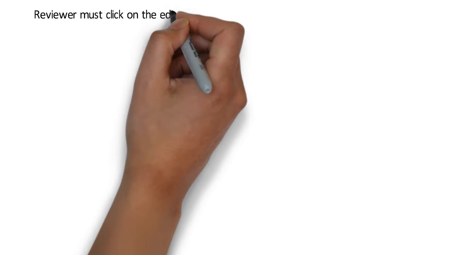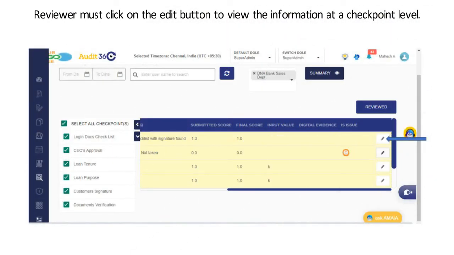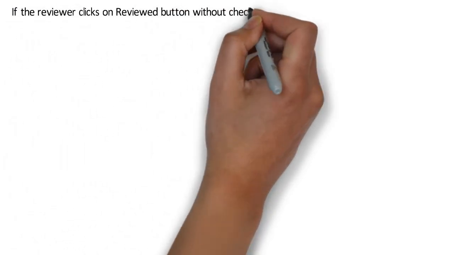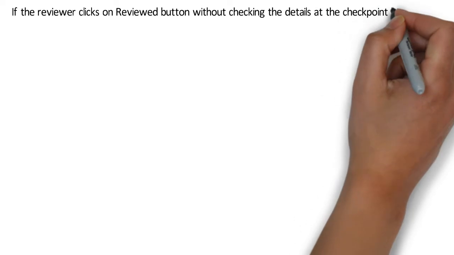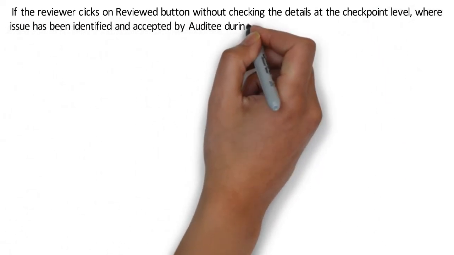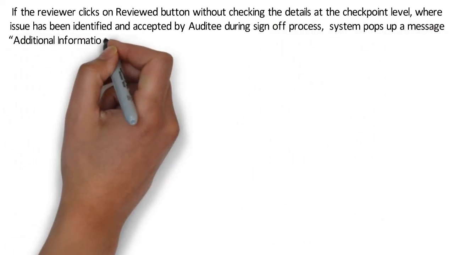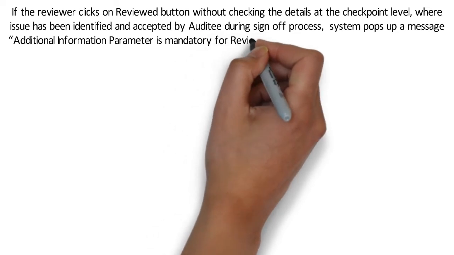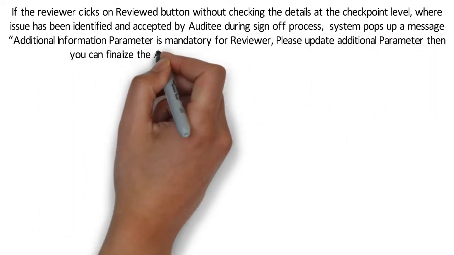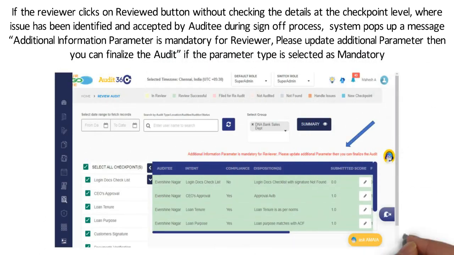If the reviewer clicks on the Reviewed button without checking the details at the checkpoint level, where an issue has been identified and accepted by the auditee during the sign-off process, the system pops up a message: "Additional information parameter is mandatory for reviewer. Please update additional parameter. Then you can finalize the audit," if the parameter type is selected as mandatory.